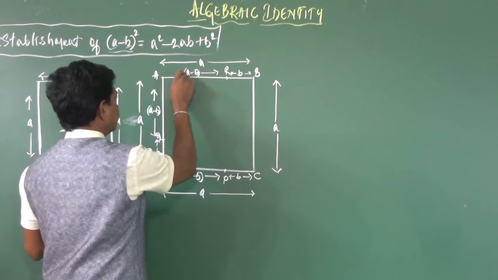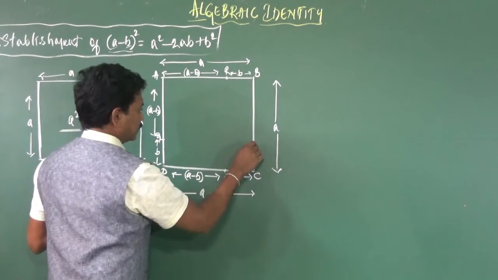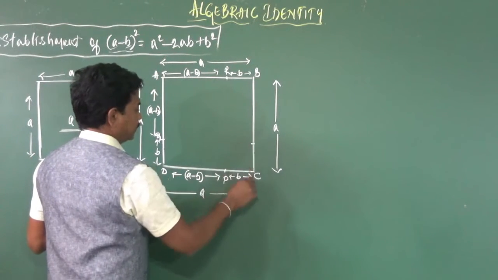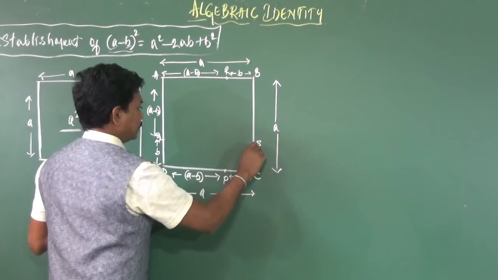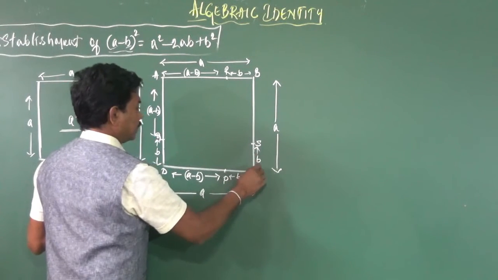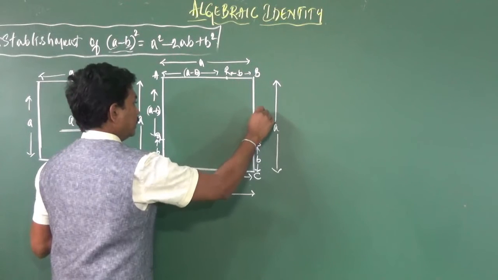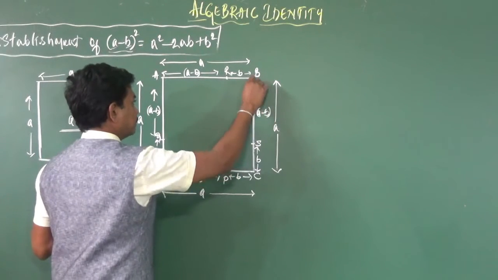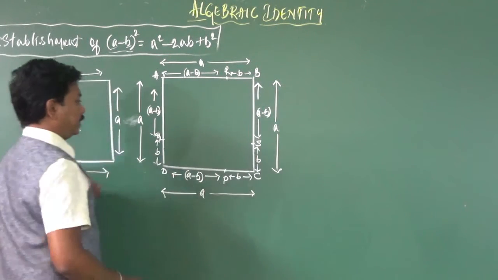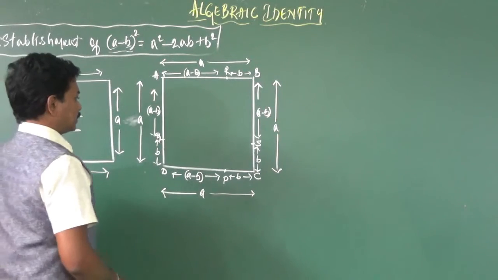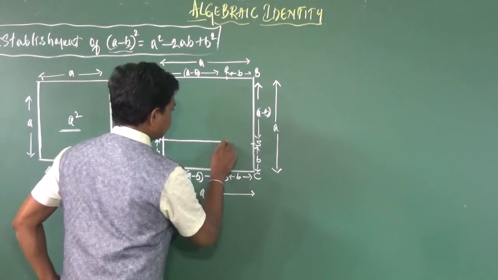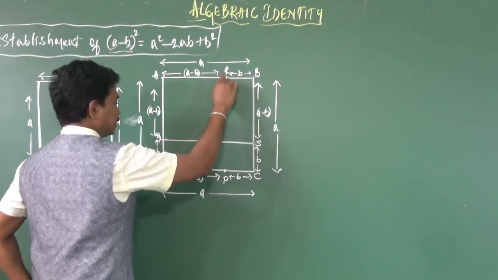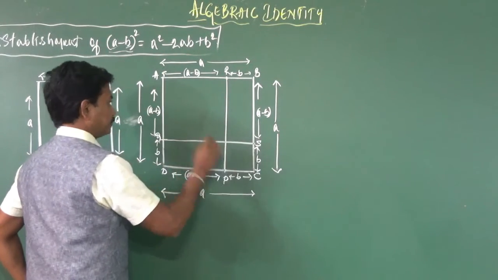Let us mark another point here, let this be point S, equal to b units, so this will be a minus b units. Now let us join QS, right? And let us join PR, right?